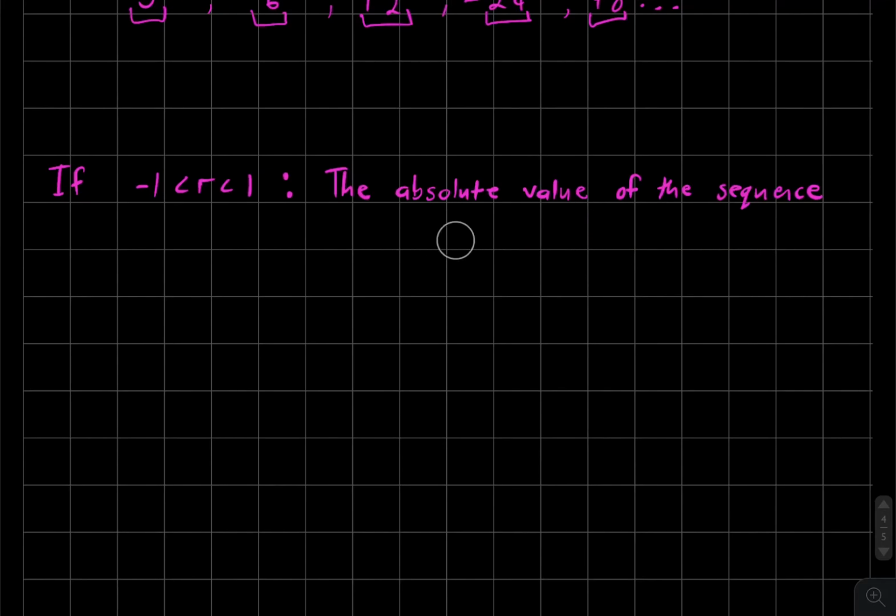Let's make this a bit more clear because it does sound a bit confusing. So the absolute value of each consecutive term decreases. Okay?